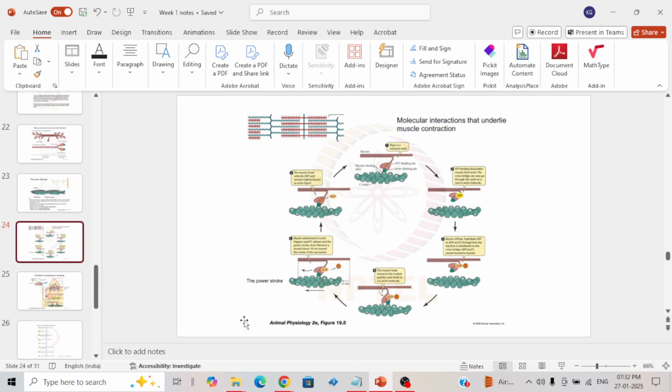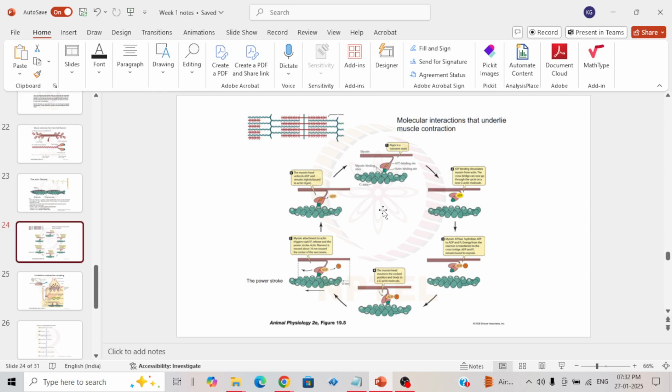Okay. After that, when this ADP is also released, then the position stays the same, because this myosin head does not have the energy to get released from this actin. So it will stay the same way, and it is called the rigor state.